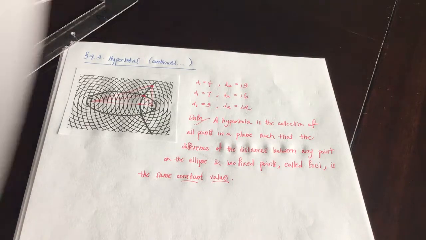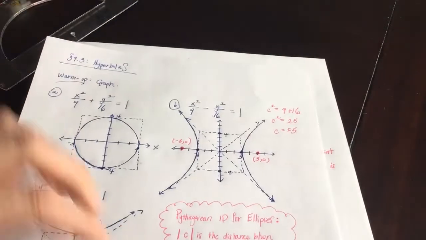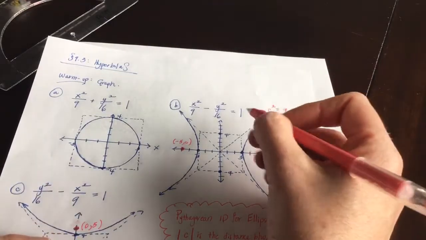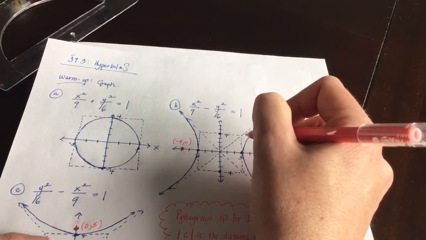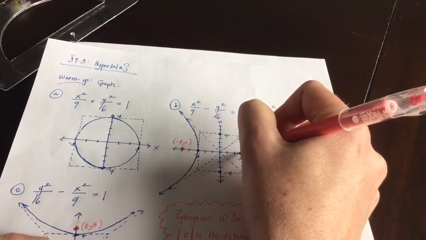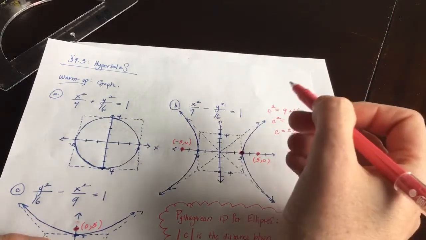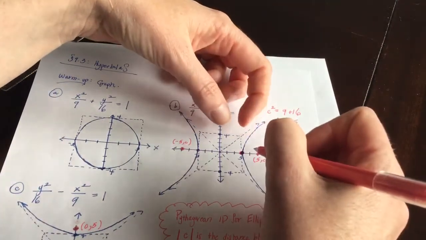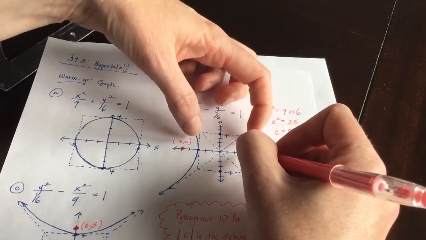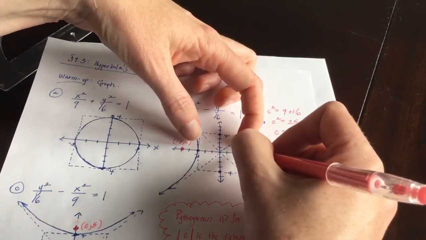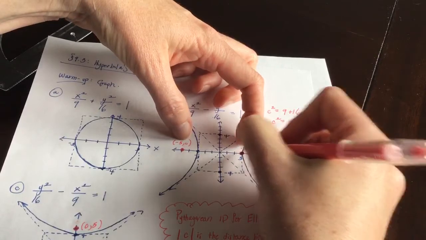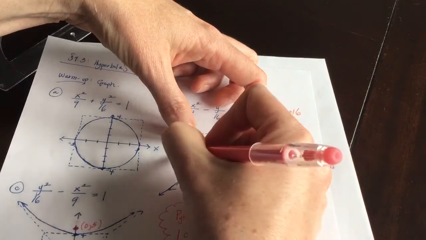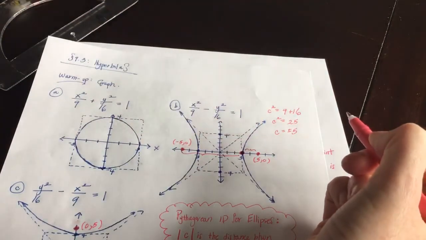I think I'd like to bring back an example that we've done before for that. So if you look at part B here, let's say here's a point that's on your hyperbola. Let's think about the difference in distances between this point and this focus and this point and this focus.